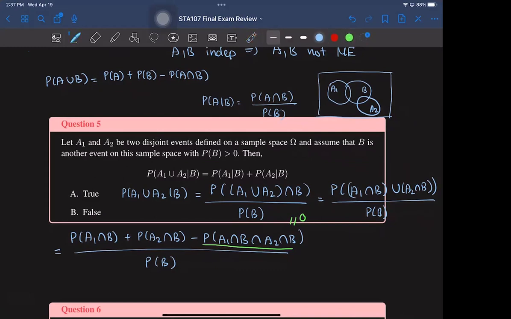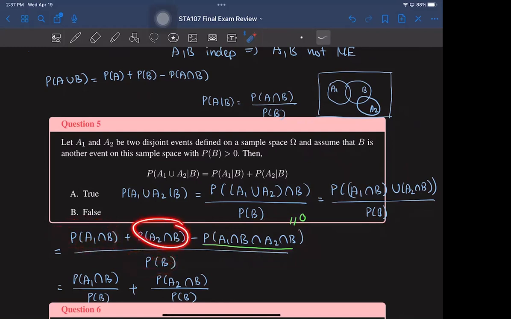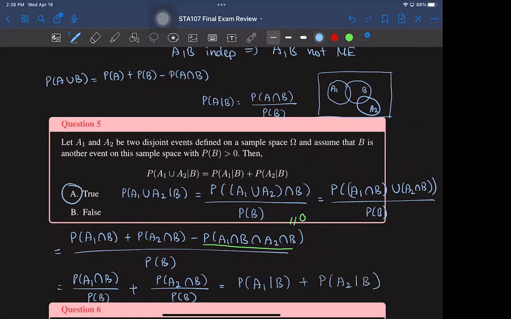And we are just left with probability of A1 intersect B divided by probability of B plus probability of A2 intersect B divided by probability of B. So I have this over the denominator plus this one over the denominator. The first expression is exactly probability of A1 given B, and the second expression is probability of A2 given B. So the correct answer is true. Does this make sense?